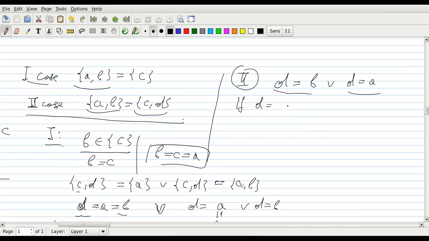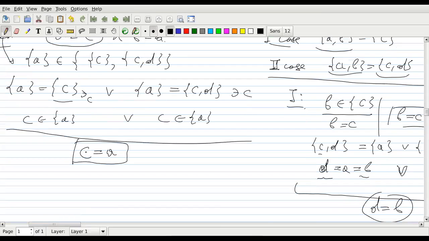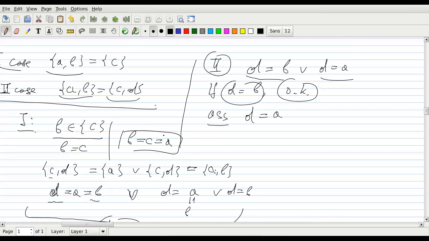Yes. If D equals B, we have proved what we want. Assume that D equals A, but we already know that A equals C. D equals A equals C.